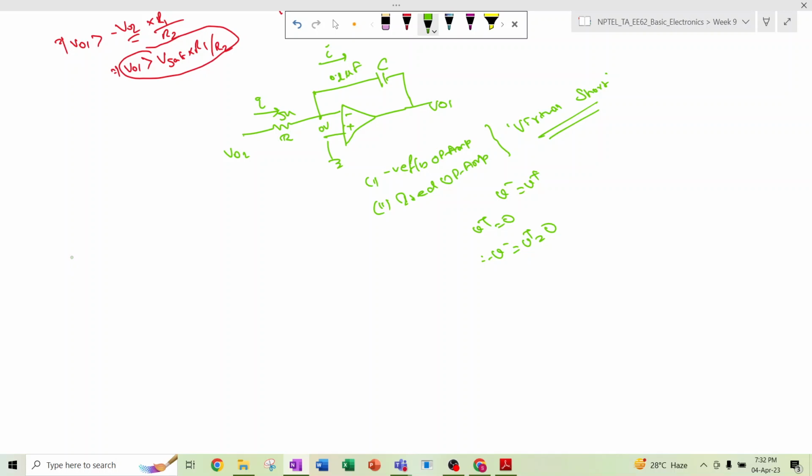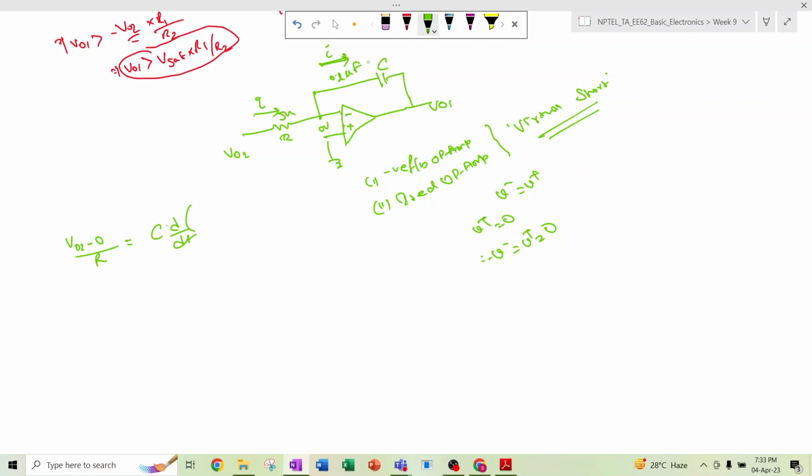So we can write this current I as VO2 minus 0 divided by R, which is equal to the current flowing through the capacitor, C dV/dt. The current is flowing in this direction because no current will flow through the op amp, right? You already know that.